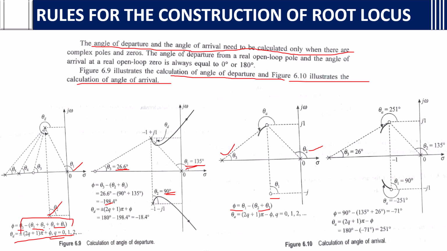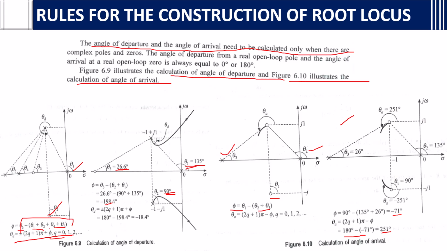Numerically, 90 minus 135 plus 26, you will get minus 71. 180 minus of 71, you will get 251 degrees. The angle of arrival will be calculated in this way.